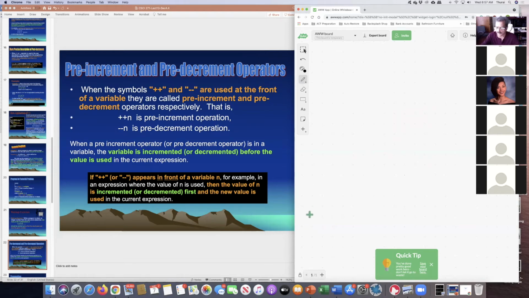So let's see a quick example. Let's say m has 10 and n has 5. And if I say m equal to m times plus plus n, then what will be m after executing this line and what will be n after executing that?